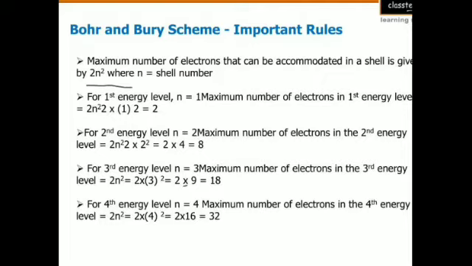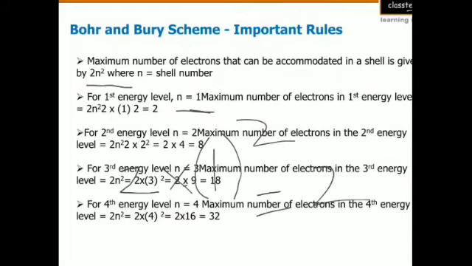For the first energy level, n is 1. How do we calculate the maximum number of electrons that can be accommodated in that shell? It is 2n square, so placing n as 1, it is 2 into 1 square, which is equal to 2.